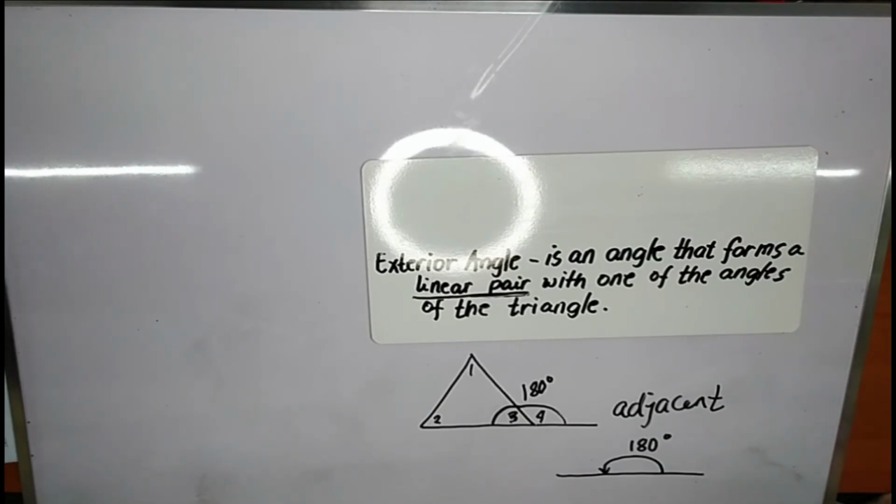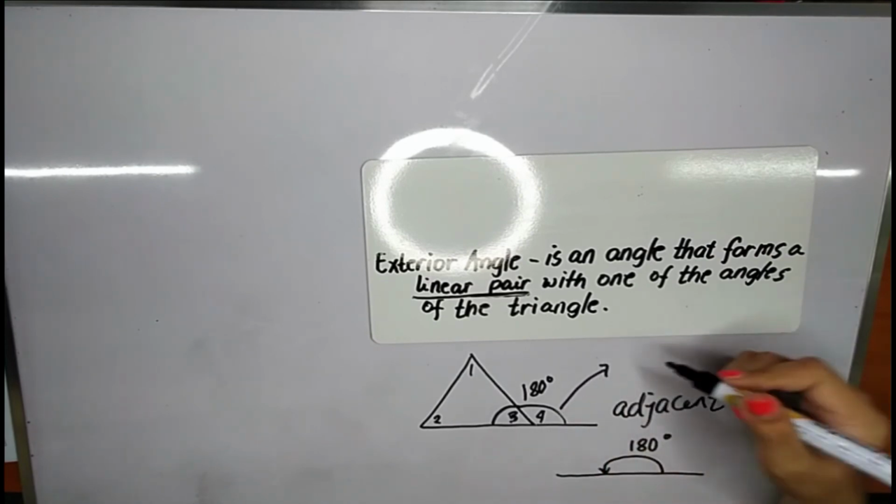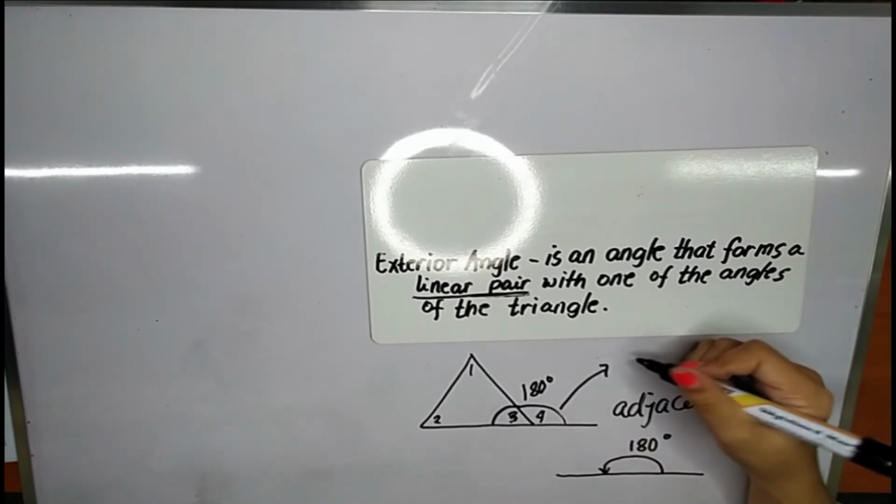So that means that in this figure, which has angles 1, 2, 3, and 4, the exterior angle is angle 4. Can you relate to that?